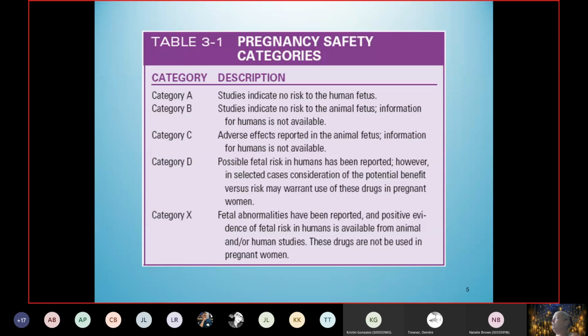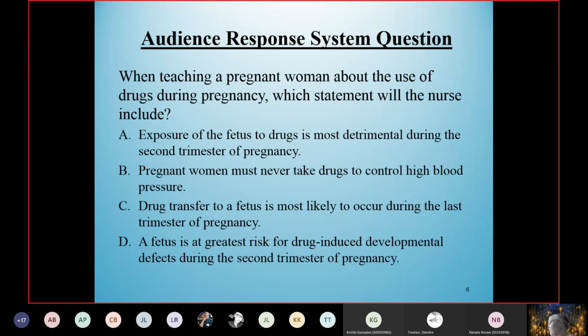So A, there's no risk. B, no risk to the animal fetus, but we don't know about humans. C, adverse effects in animals, but we don't know about humans. And then D, possible human risk, but the benefit might outweigh it. And we also have it divided into pregnancy, lactation, and then, of course, reproductive potential.